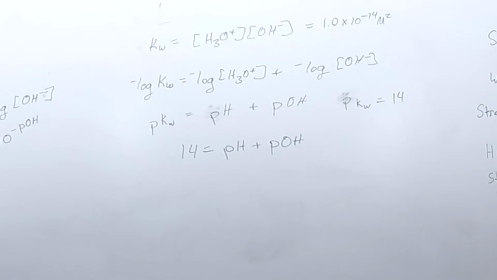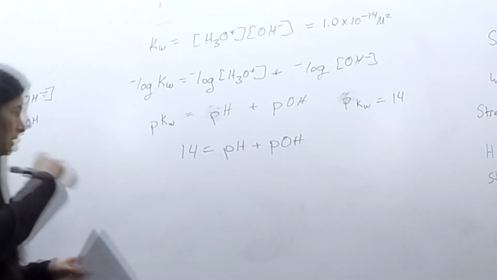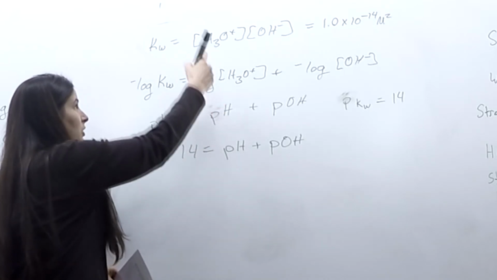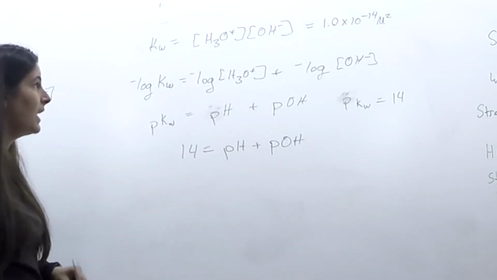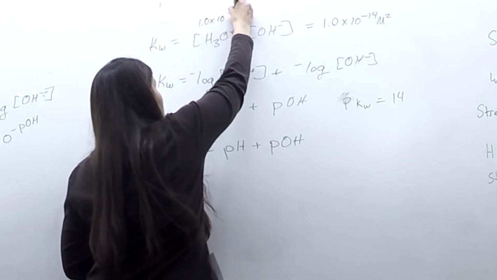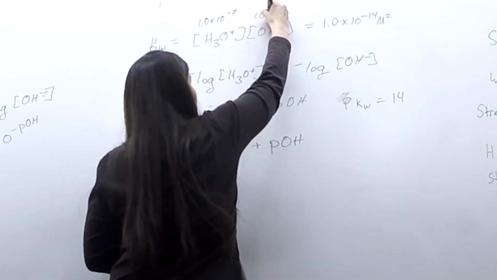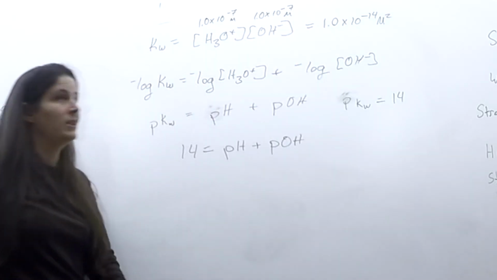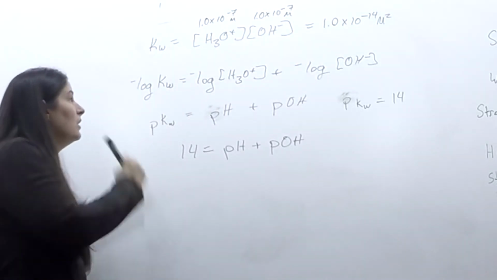Okay. So remember that these were considered neutral. They had a concentration of 1 times 10 to the minus 7, right, to get that 1 times 10 to the minus 14.